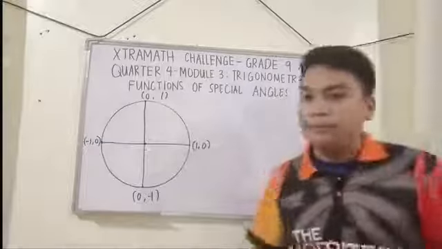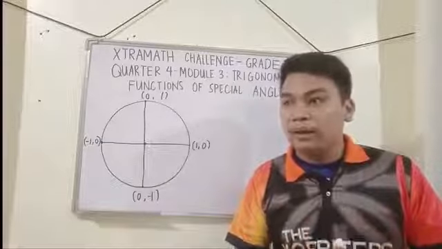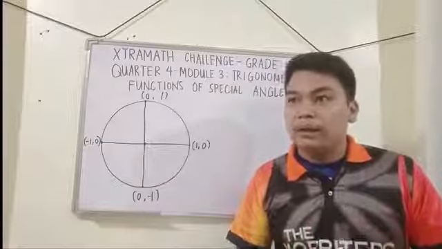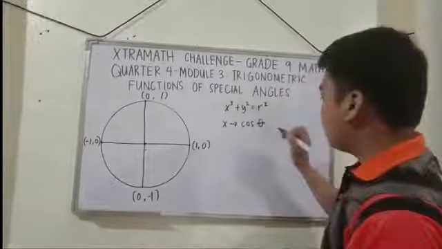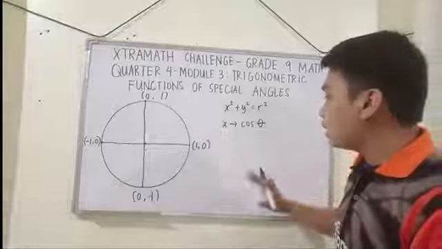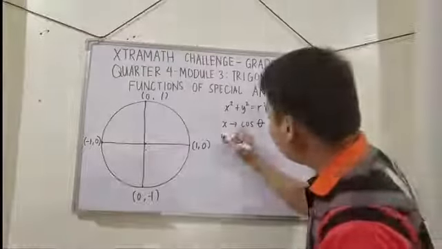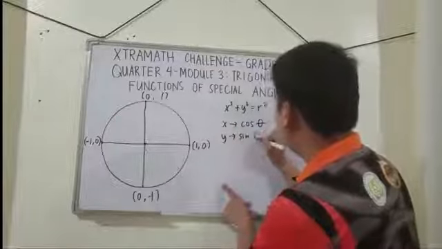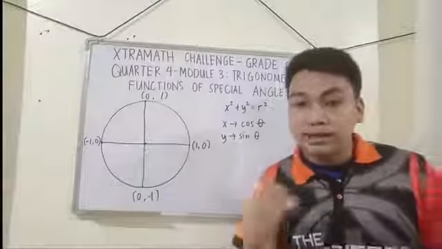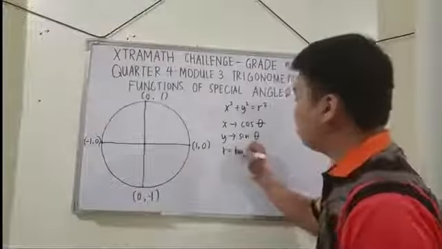Now, the equation of the unit circle is given by x squared plus y squared equals r squared. For the trigonometric functions, x corresponds to cosine of a certain angle theta, y corresponds to sine theta, and since the unit circle has a radius of 1, r should be equal to 1.